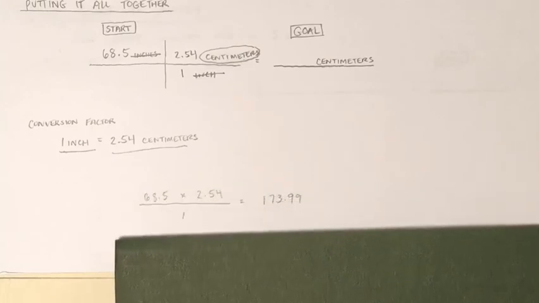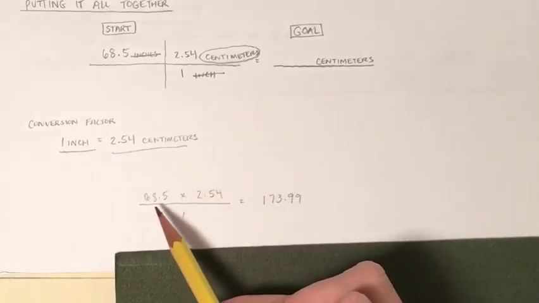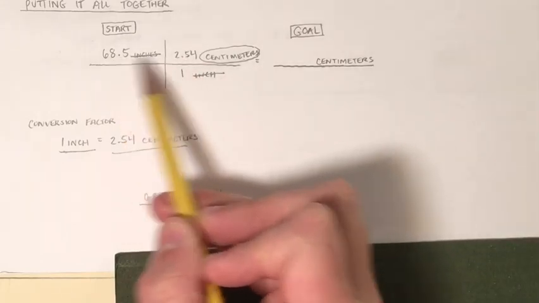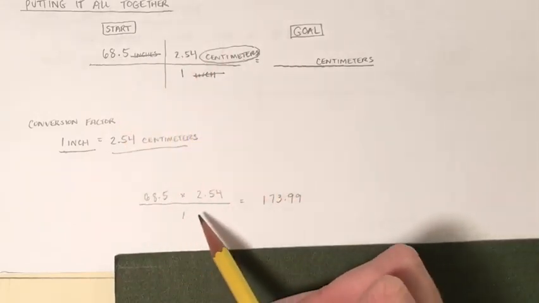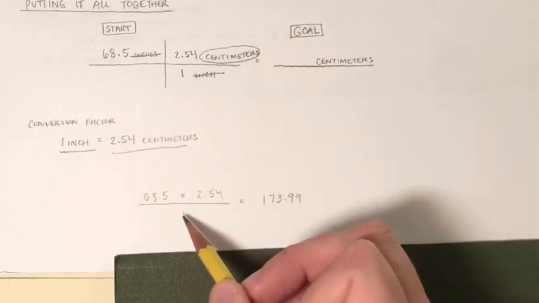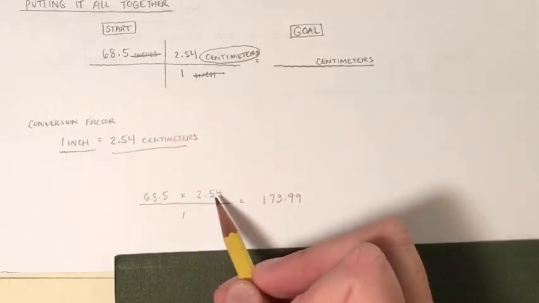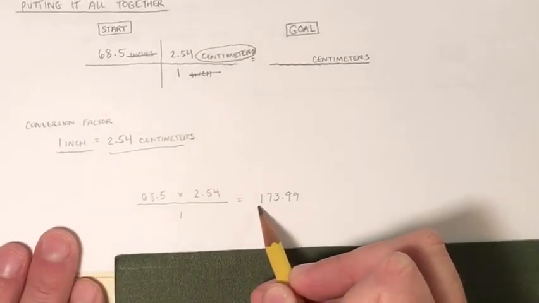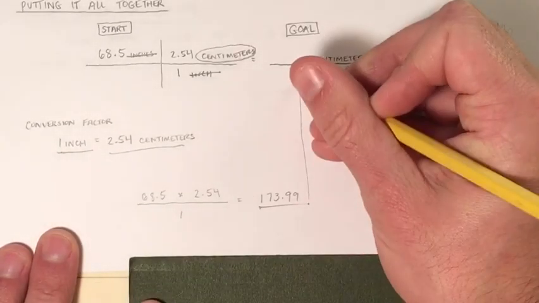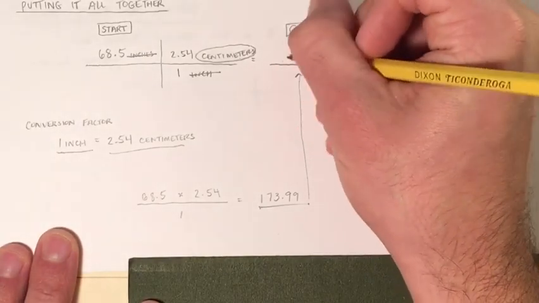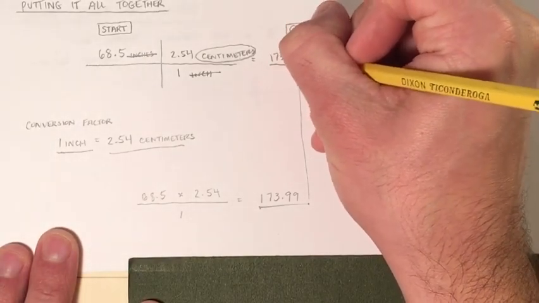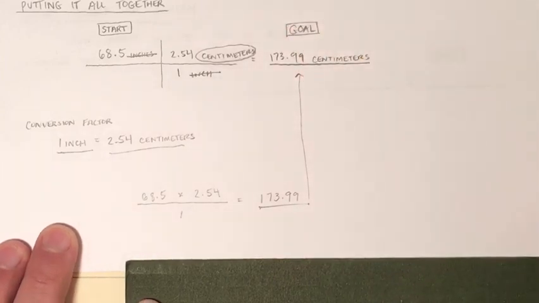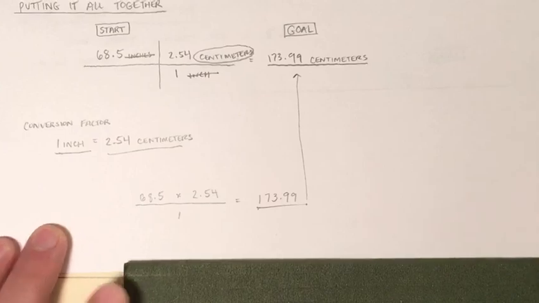I think you already saw that when I moved this. 68.5 times 2.54, that's both numbers that are in the top, divided by any of the numbers in the bottom, so we just have one there. 68.5 times 2.54, this is the number that we get. That goes along with my unit that is remaining, so my answer to this problem is 173.99 centimeters. Okay, so that is how we use our chart.